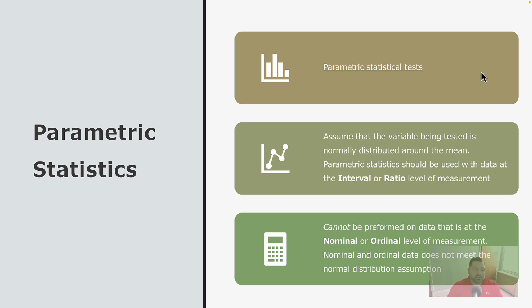And so in order to do this appropriately, we need to assume that the variable that we are testing, the outcome variable, is normally distributed, meets that basic assumption, and that the data for that normal distribution is typically continuous in nature. So it's either an interval or it's a ratio level of measurement in order to do that.